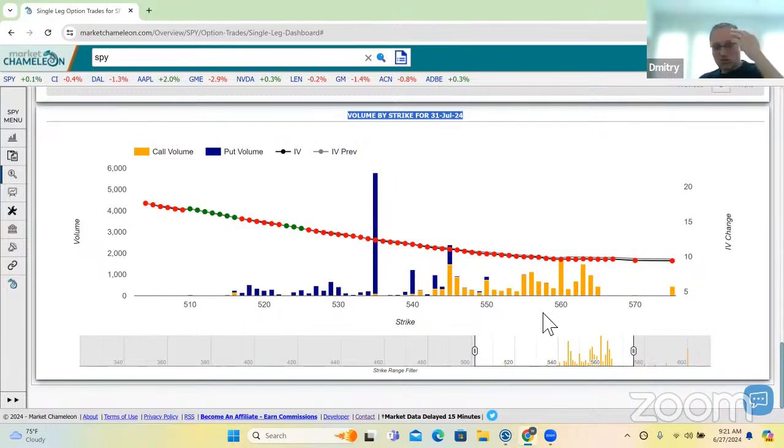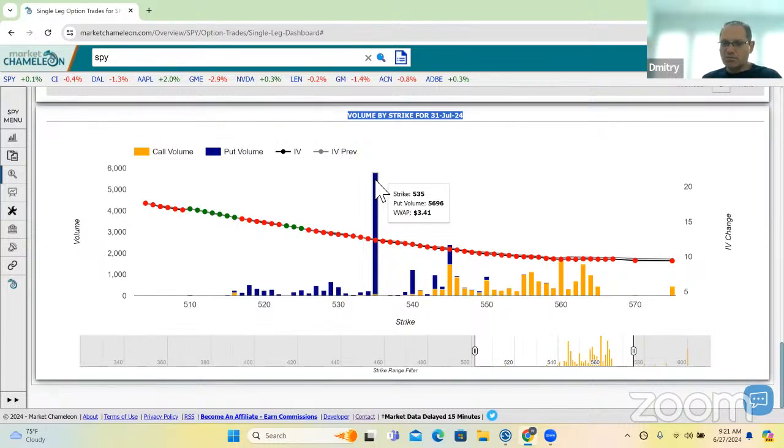And what does this graph tell us? Well, at least in July 31, we see there's a big volume over here on this strike, the 535 put, because the blue represents the put volume.